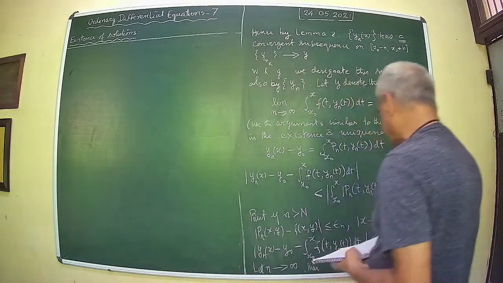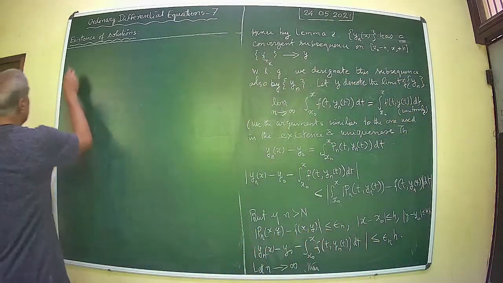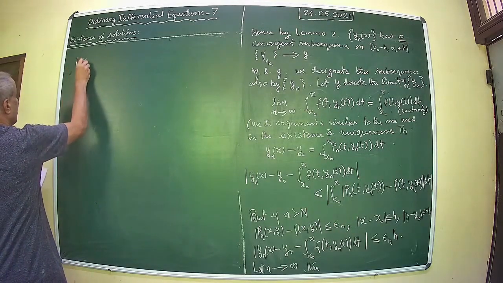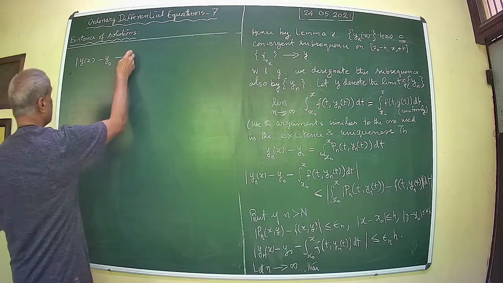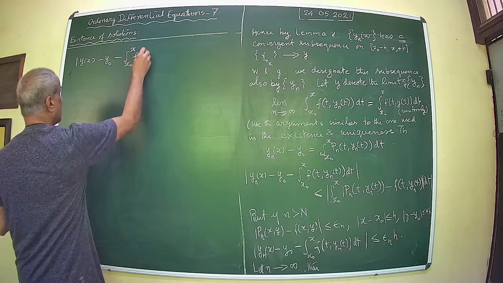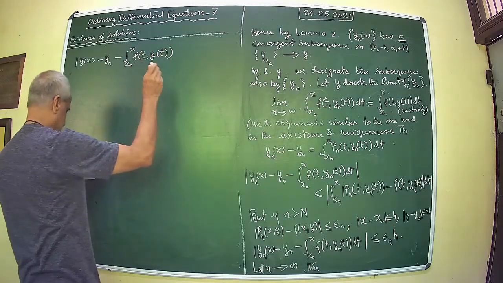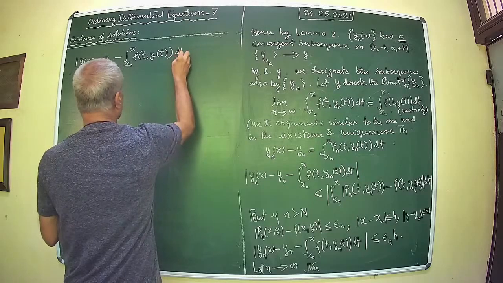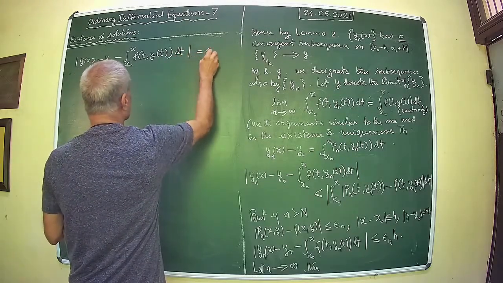Letting n tend to infinity, what you have is that the modulus, where you will have to use the theorem, is equal to 0.